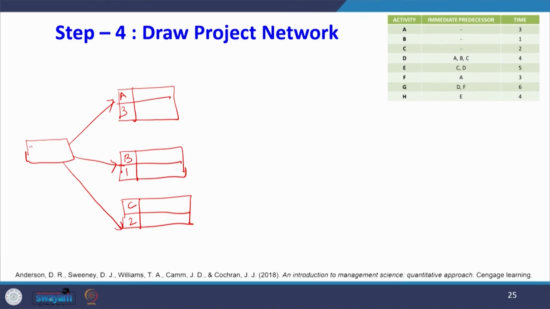This is start. Then for activity D, there are 3 predecessors A, B, C.